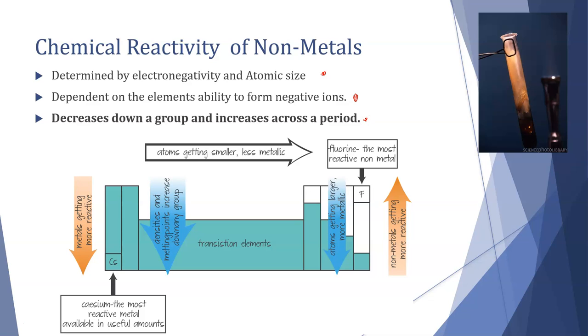So again, fluorine, which has our highest electronegativity, is also our most reactive nonmetal, whereas cesium, which has our greatest electropositive character, or our smallest electronegativity, and is the largest atom, so is most easily able to lose its electrons, is our most reactive metal.